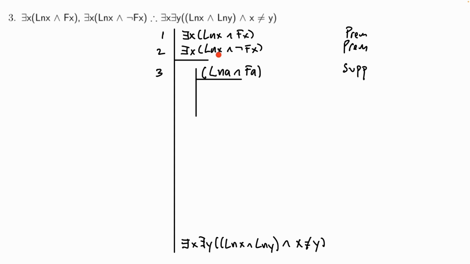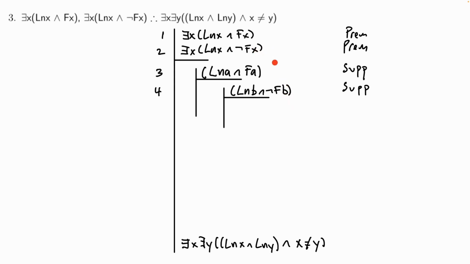When we pick someone to suppose is loved by N and not funny, we have to pick someone new to the proof. So we'll have to do, say, LNB and not FB as the supposition at the start of our next subproof. This is a requirement of using the existential elimination rule, that the person you use to instantiate the existential has to be new to the proof.